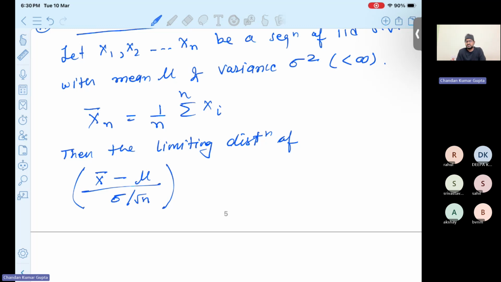This is the same concept of standardization of a random variable.